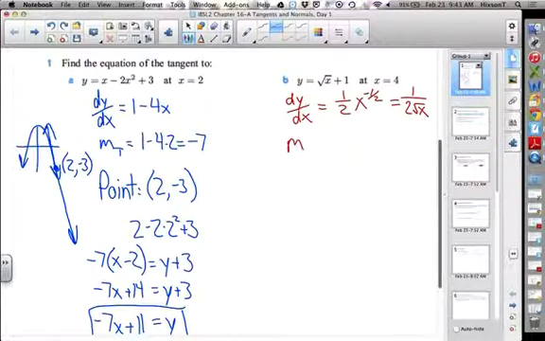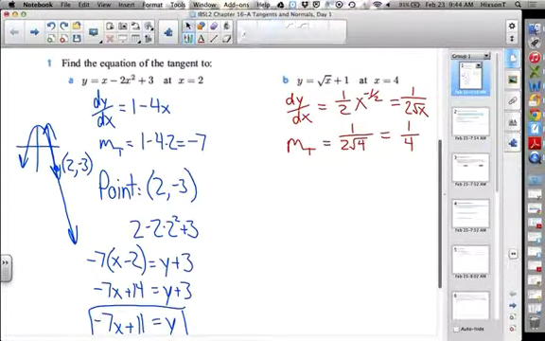So what is the slope of our tangent line in this case? 1/4. You plug in 4 for x, and it's 1 over 2 root 4, which is 1/4. So take it from there and find your equation. If you have a question, I can answer that.